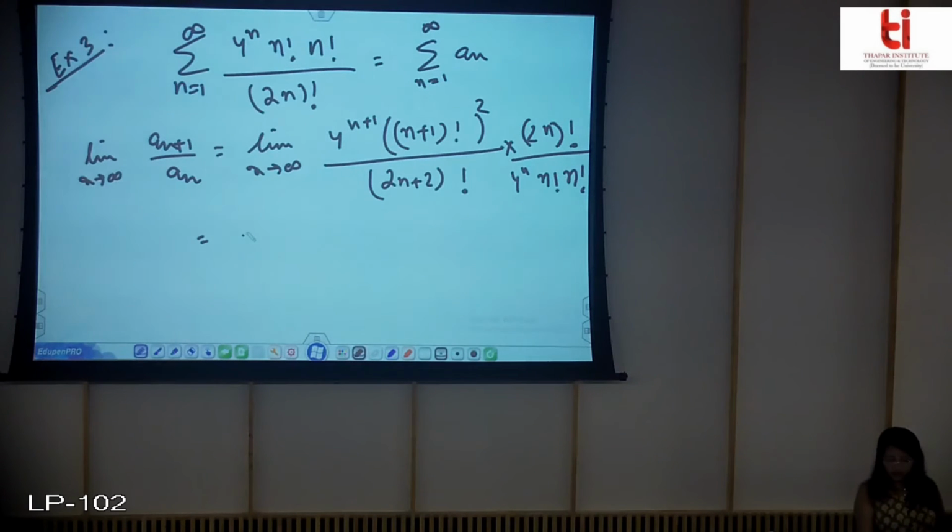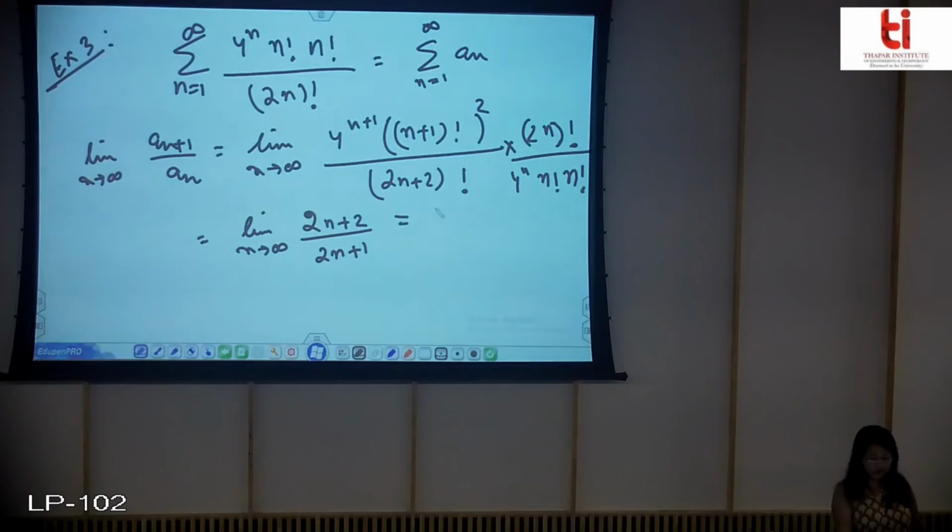So when you find out the limit, everything will cancel out if you open this factorial and do a few steps. The steps are easy. Then you will find that ultimately you will get this limit as 1. Now if this value is 1, it falls under the third condition. When k is equal to 1, our ratio test fails.